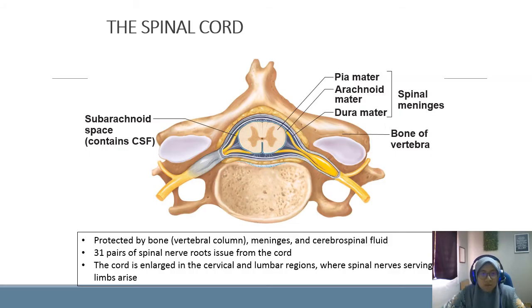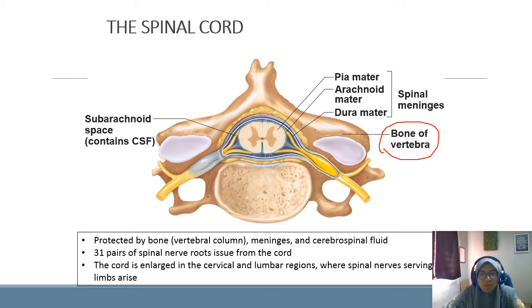Okay. So the spinal cord is protected by bone, which is the vertebral column. This is the bone of the vertebra. This is where our spinal cord is being protected, and the spinal meninges, same as the brain. It has pia mater, arachnoid mater, and dura mater.